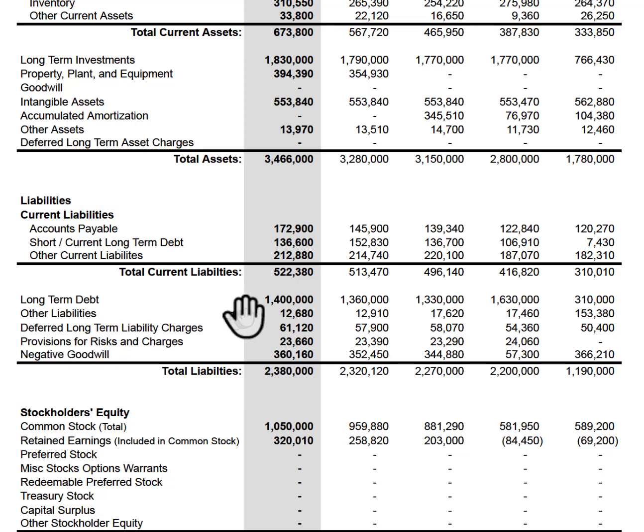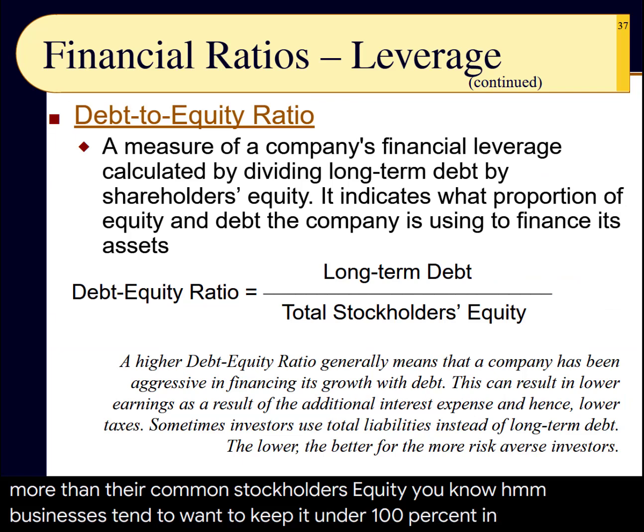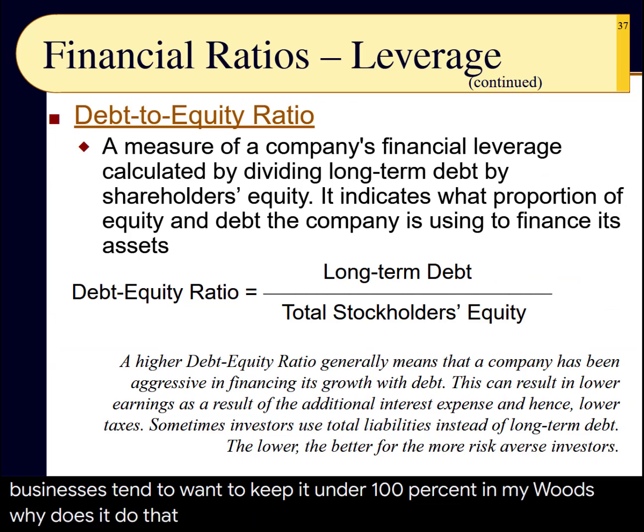Look, their long-term debt is more than their common stockholders' equity. Businesses tend to want to keep it under 100%. Why does it do that? 100%, in my humble opinion.